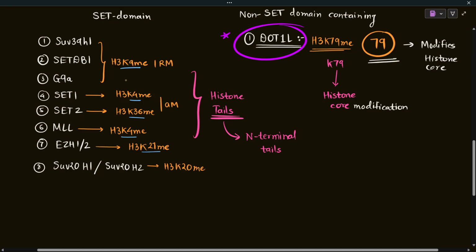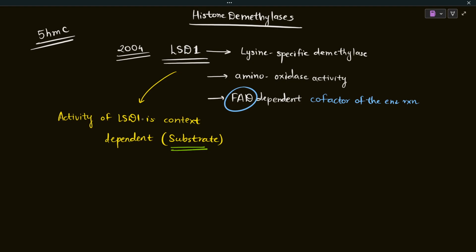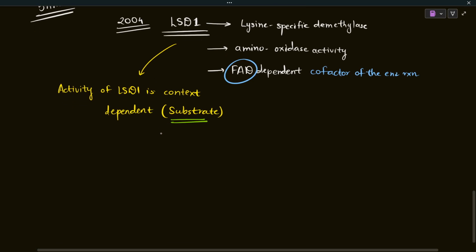All of those have certain substrates, like K9 or K4 or K36, and they add the methyl group. But with LSD1, if the substrate varies, the activity also varies. Like it depends on with which receptor or with which complex it is acting.